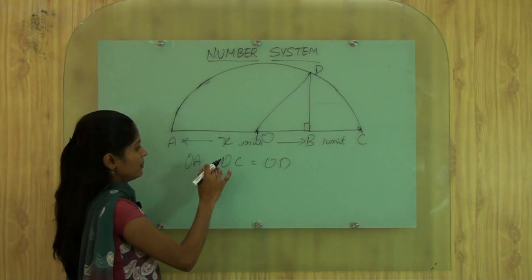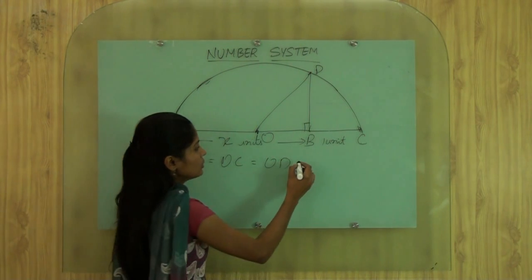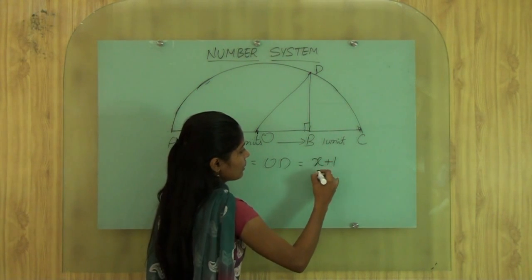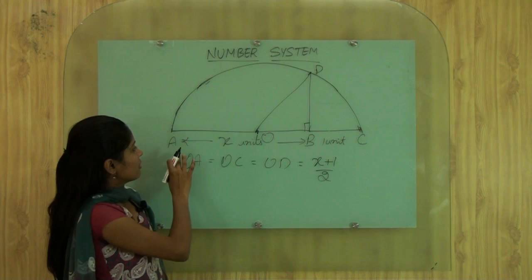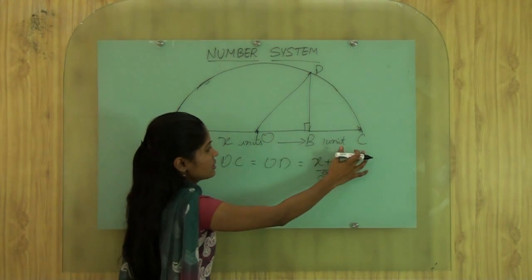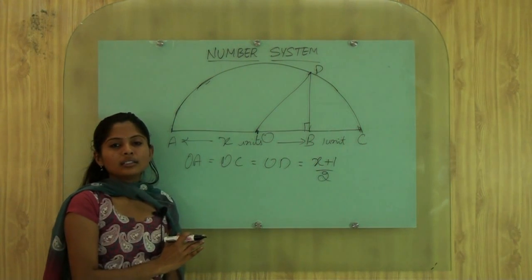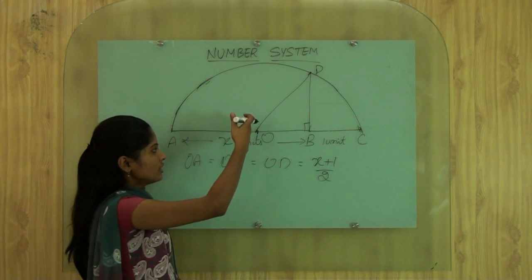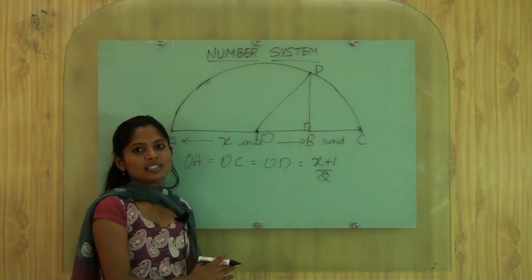All are the same. OA is equal to OC is equal to OD, which is equal to x plus 1 by 2. Why x plus 1 by 2? Because this is x and this is 1. AC has become x plus 1. The radius is half of x plus 1, which is x plus 1 by 2.